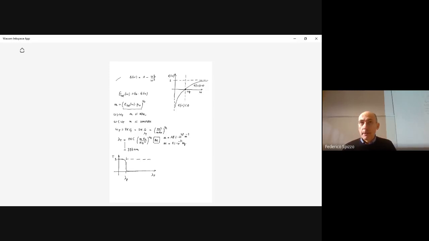And if the only parameter that you have at disposal to switch from one metal to another is the electronic density, this means that the only parameter that will change within the model is the value of the plasma frequency or the plasma wavelength. So the only free parameter that distinguishes one metal from another is lambda p or omega p, depending on which parameter you prefer to use.